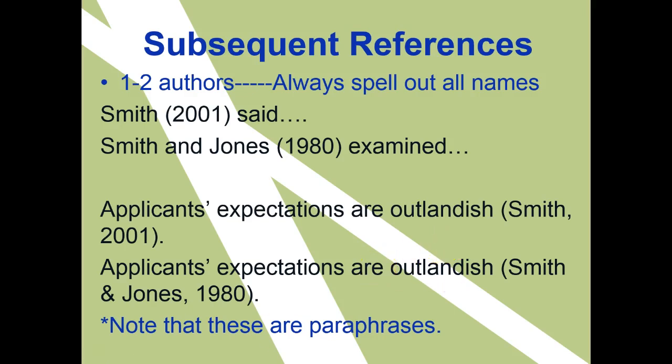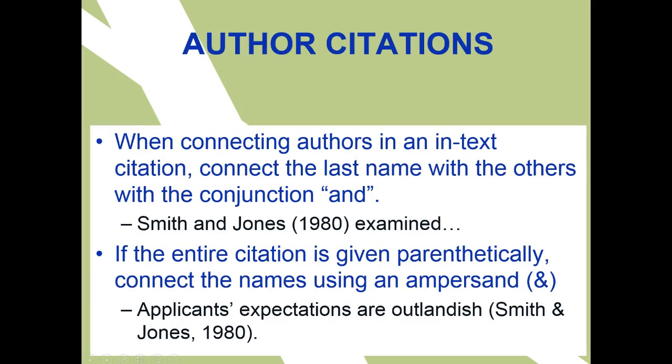If you looked right up here, when we're using it in the narrative, it's Smith and, A-N-D, Jones. When we're citing two or more authors parenthetically, it would be Smith, and you can see we don't write the word and. Rather, we use this little thing which is called an ampersand, Smith and Jones. And I'll reinforce that here in a second.